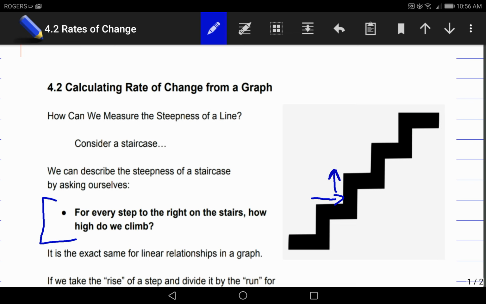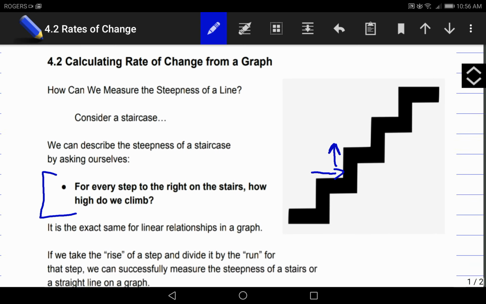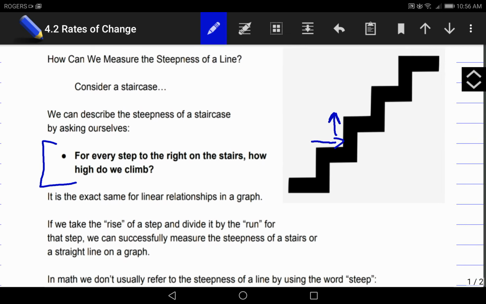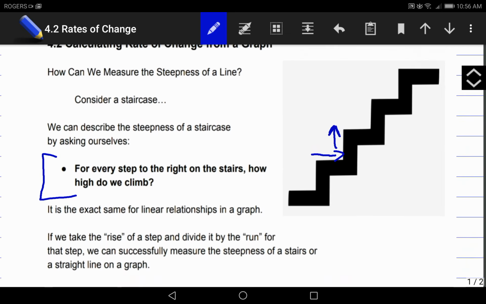It is exactly the same for linear relationships on a graph, because if you look at the staircase, I can draw a line connecting the edges of each step, and you can see that a straight line would be formed there.